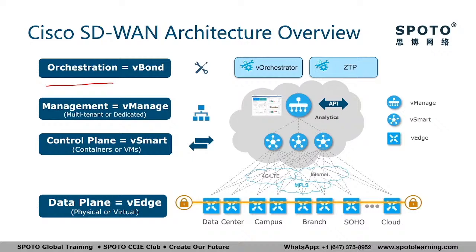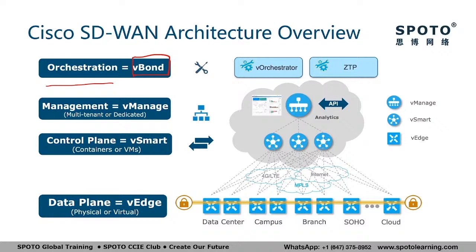It's the job of vBound. There is a component called vBound. The job of vBound is to direct the vEdge to find the right vSmart.